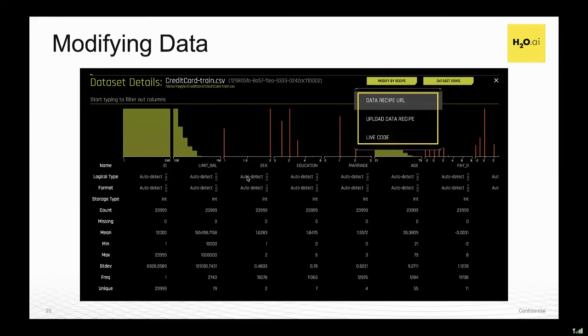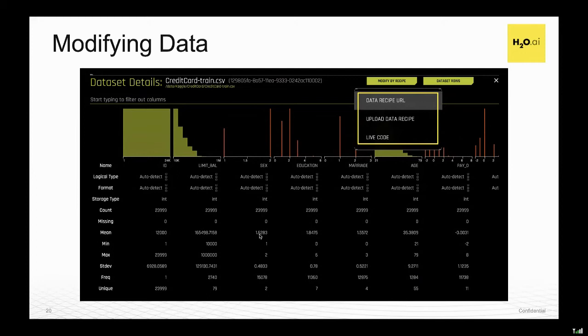And then the uploaded data recipe would be to load from your local machine. So in this case, we're calling both of them data recipes, but one does load in data and one does edit data. There's a third option, which is part of the modifying data, and this is called live code. What live code is going to do, you don't have to actually have a special H2O recipe format, which is a special Python class and a format that you can see if you're going to start writing your own recipes.